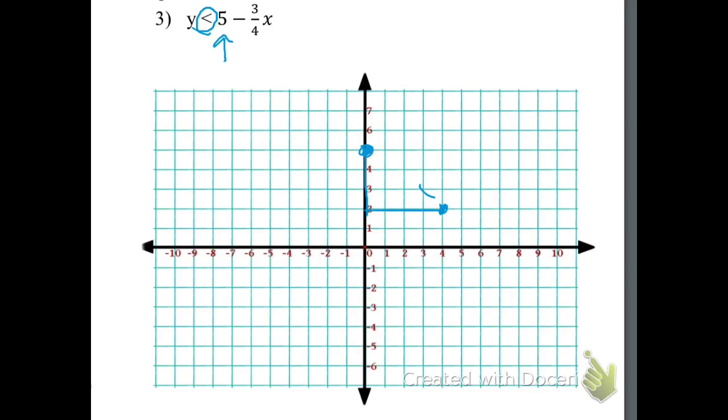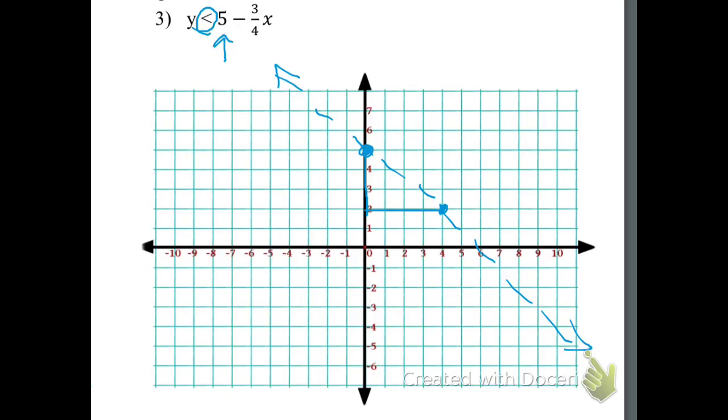So, start drawing your little dashed lines there. I'm sure I could draw this better if I was actually on paper and had a straight line thing to do. But ta-da, there's our line. Remember, dashed means those numbers are not included, and it comes because of this strictly less than.